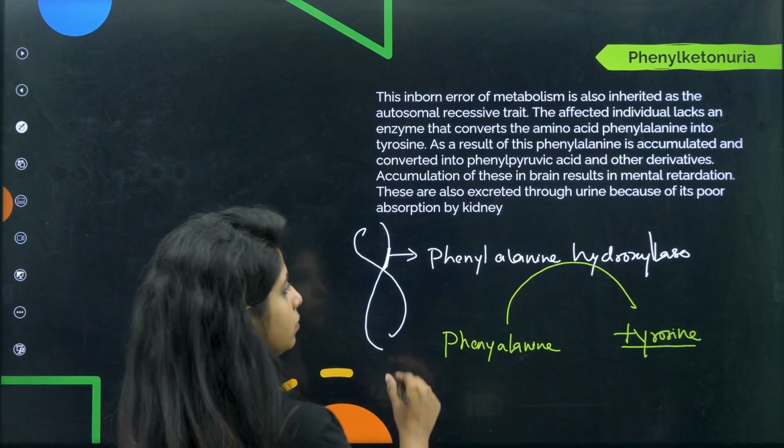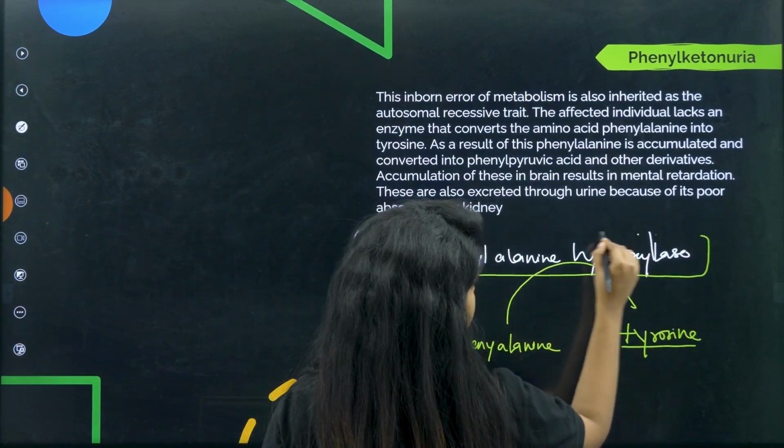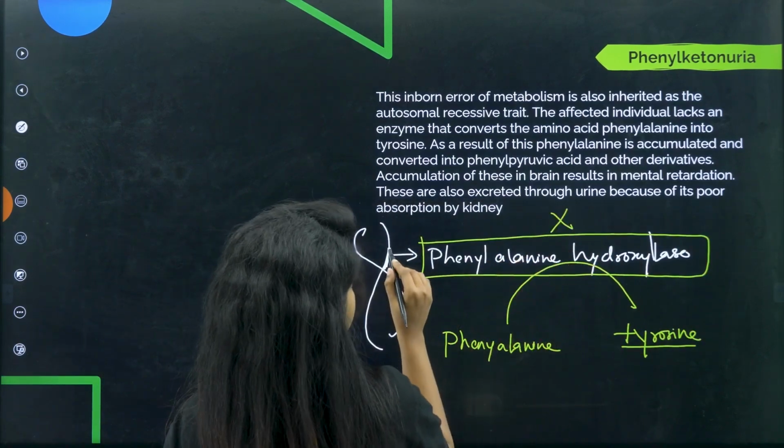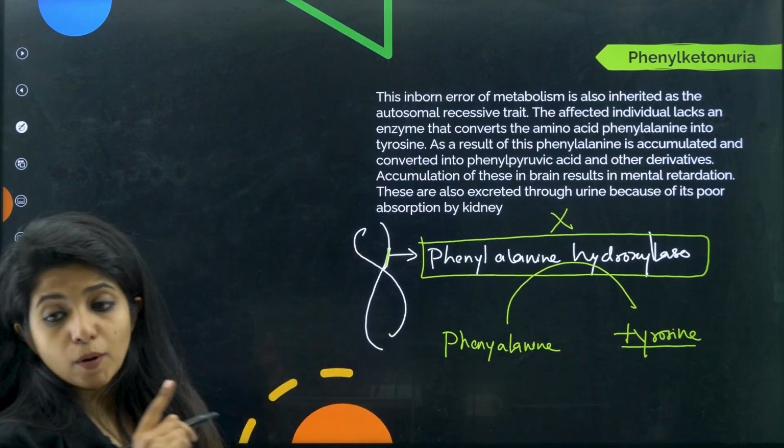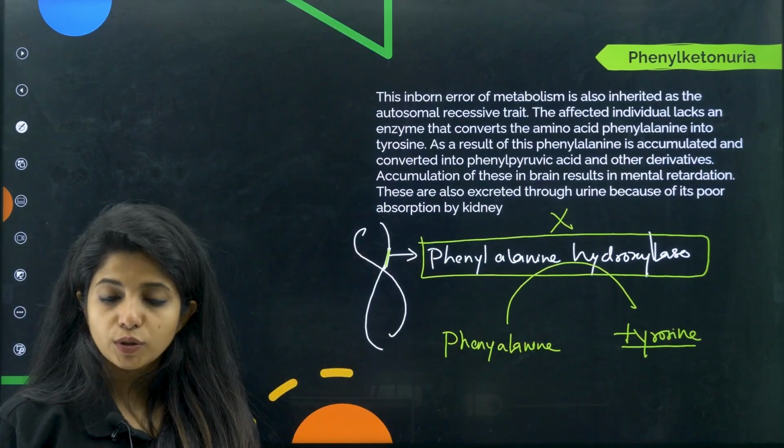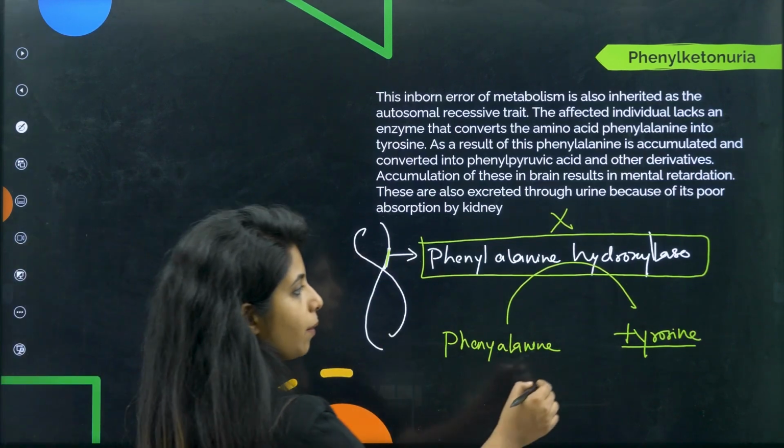But now this enzyme is not there, because there is some mutation in the gene that is responsible for formation of phenylalanine hydroxylase. So what will happen, children?